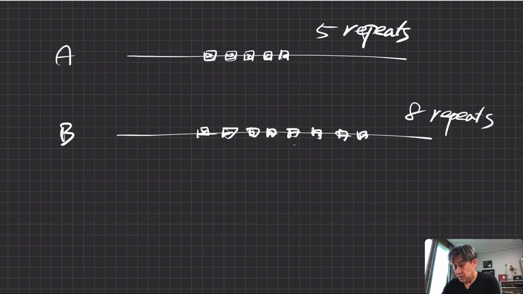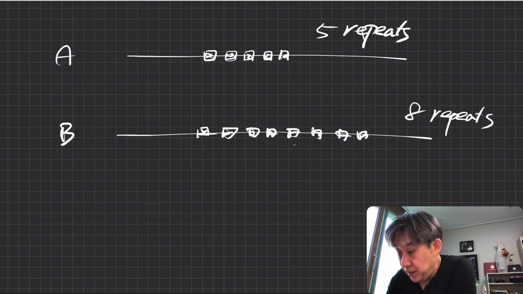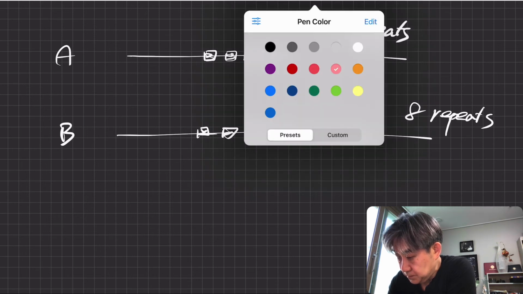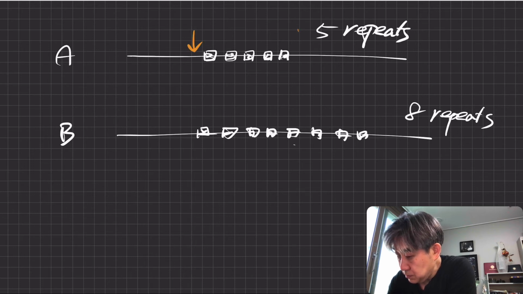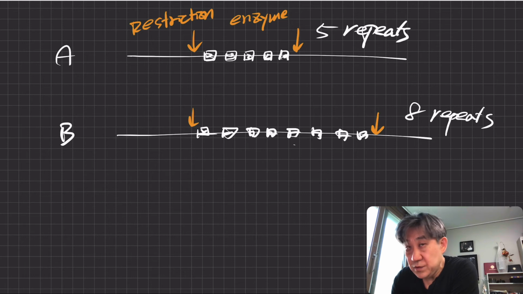In the past, to test the difference between these two individuals, you had to use the restriction enzyme that can cut this area. But now, instead of using this restriction enzyme, what you can use instead is a PCR primer.